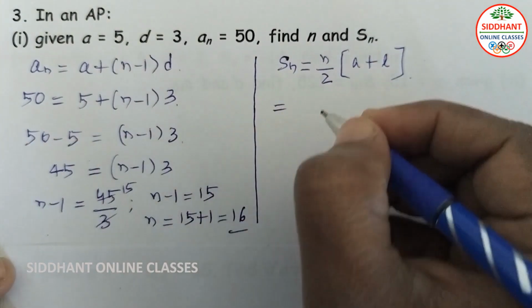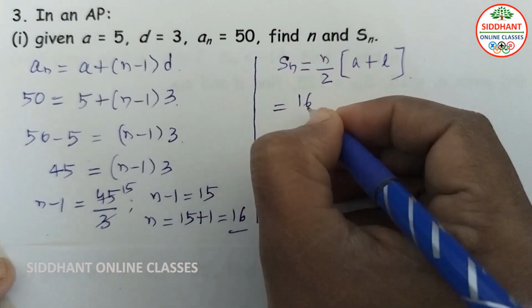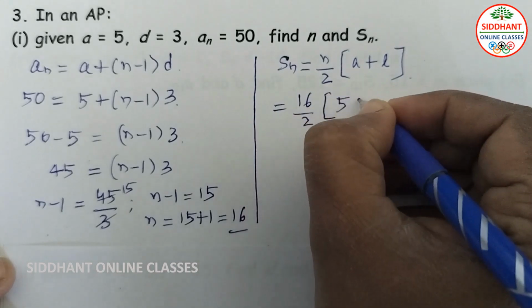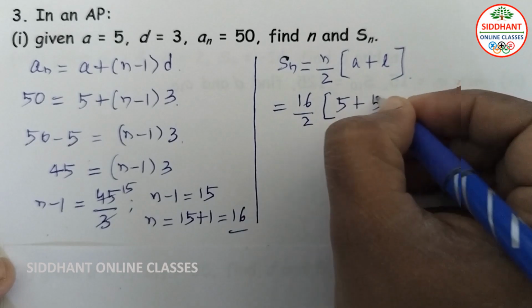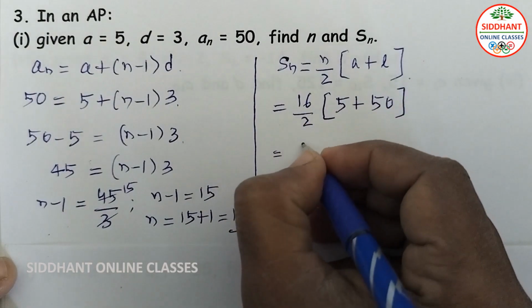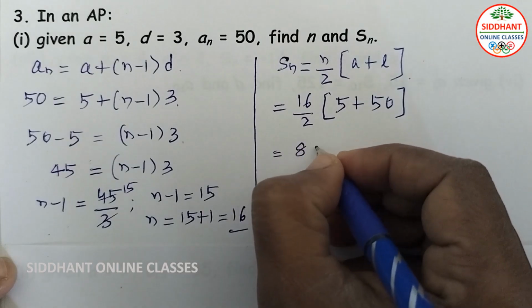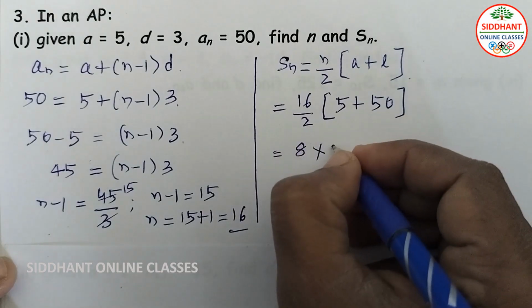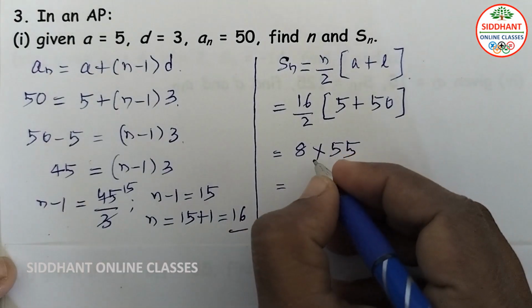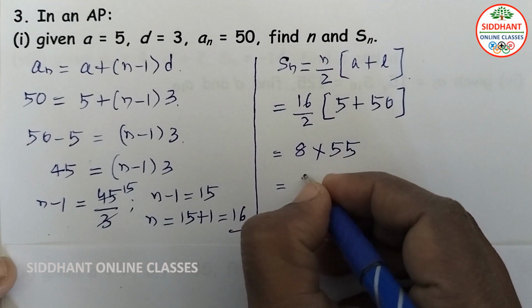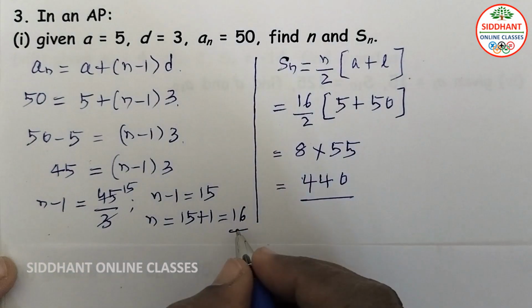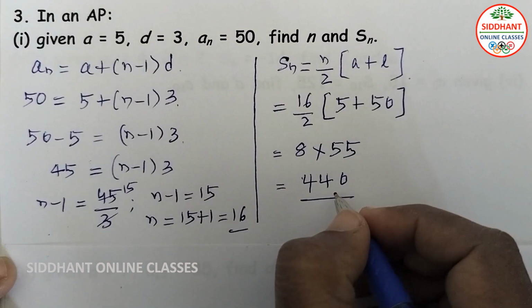The sum is equal to n, which we got as 16, by 2 into a, which is 5, plus l, which is 50. 16 by 2 is 8, into 5 plus 50, that is 55. So that equals 8 into 55, that equals 440. So the n value is 16, and the sum value is 440.